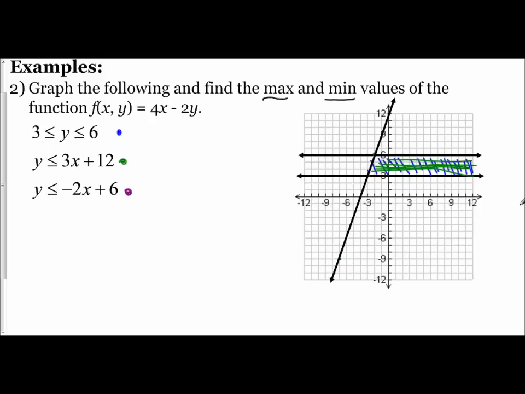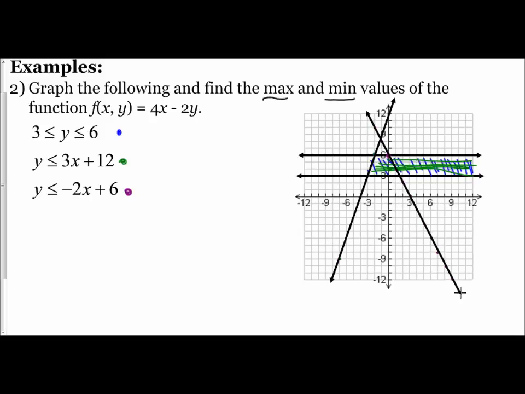And so you have a y-intercept of 6, a slope of negative 2, so down 2, right 1, down 2, right 1, and so on across the entire grid. And I can go up 2, left 1 as well. It's a solid line.